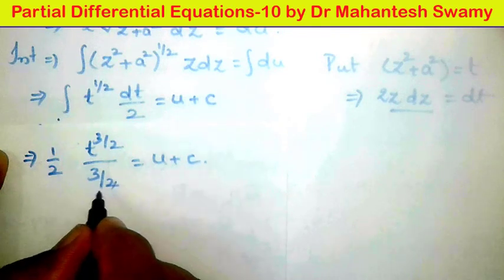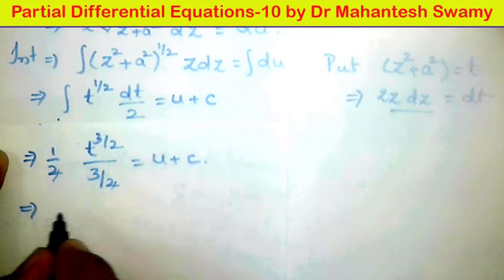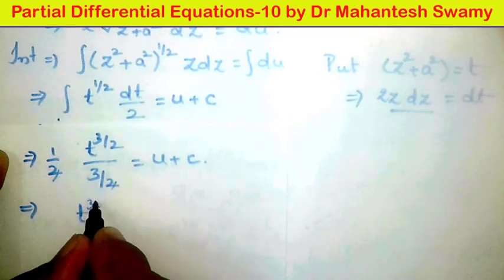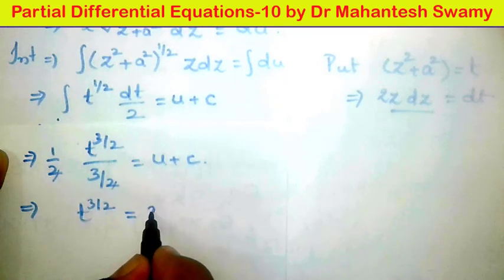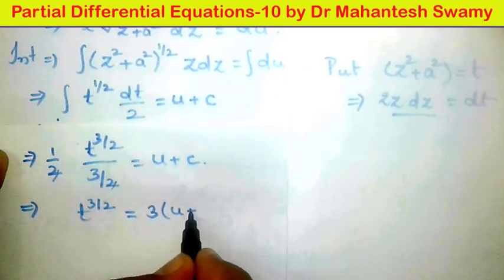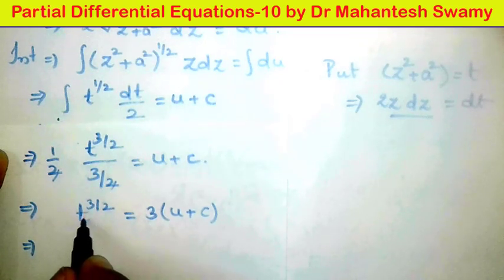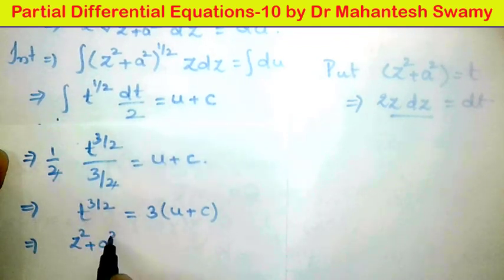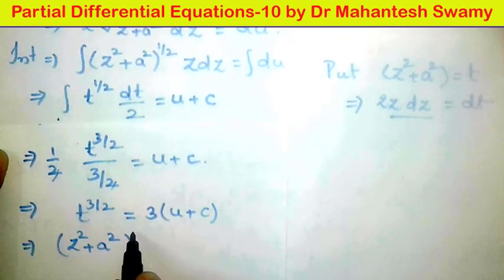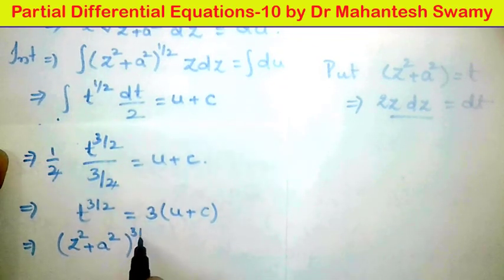Now this 2 cancels with this 2, and this 3 can be cross multiplied, so as to have t to the power 3 by 2 equals 3 into bracket u plus c, and we want to substitute back the value of t. t value is z square plus a square whole to the power 3 by 2, we shall keep this as it is.